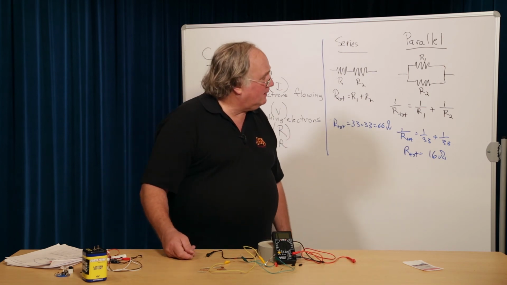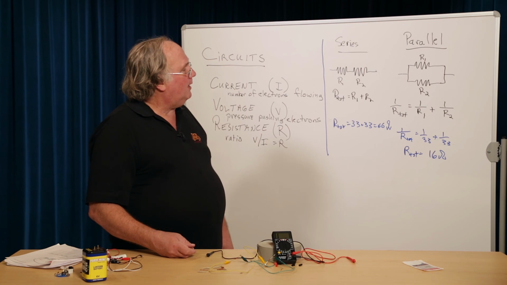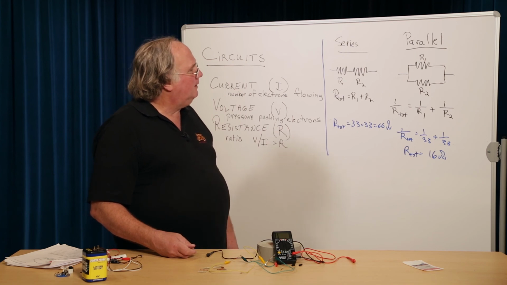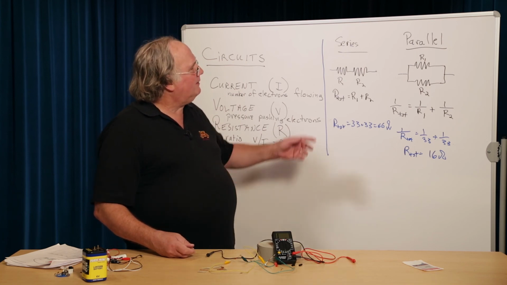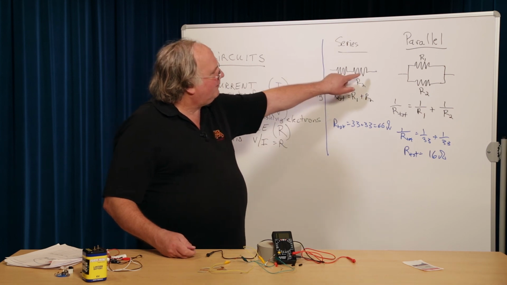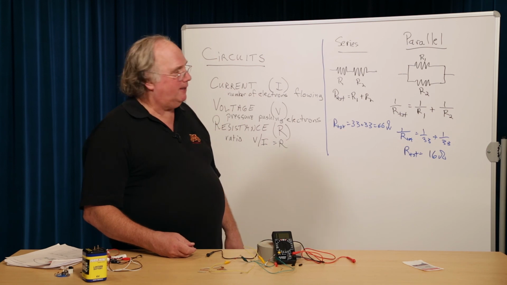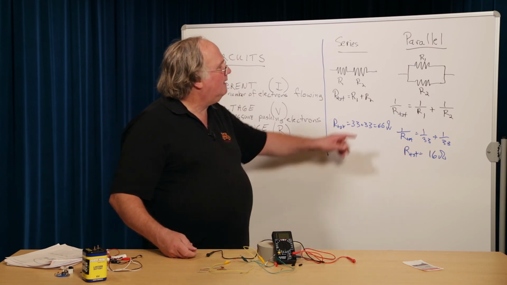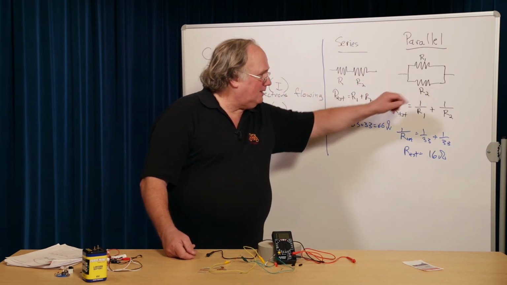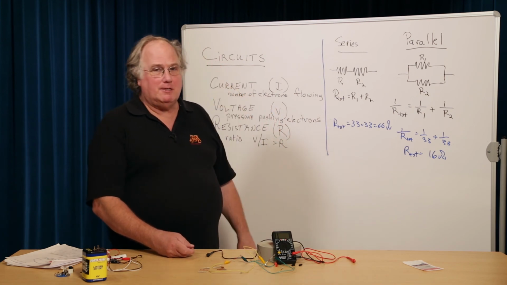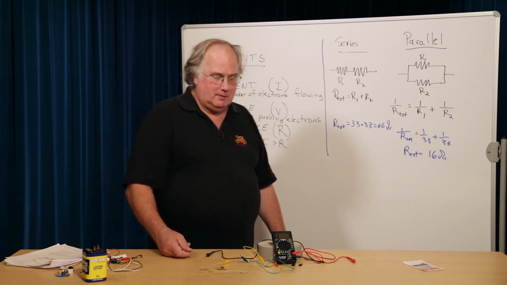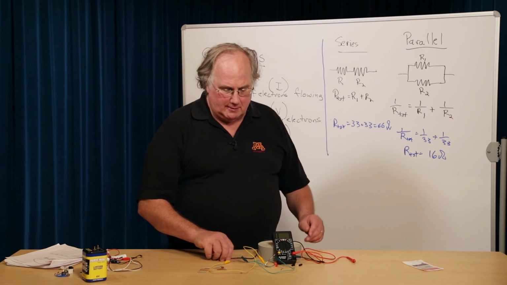The resistances of these two are quite different. It's actually fairly clear if you just think about it. Electrons flowing through this circuit go through both resistances. They get resistance twice, whereas electrons going through this circuit only get resistance once. So the total resistance is much less.